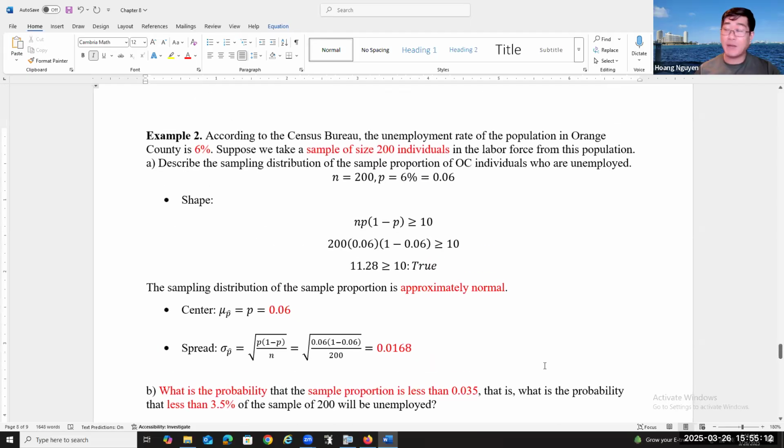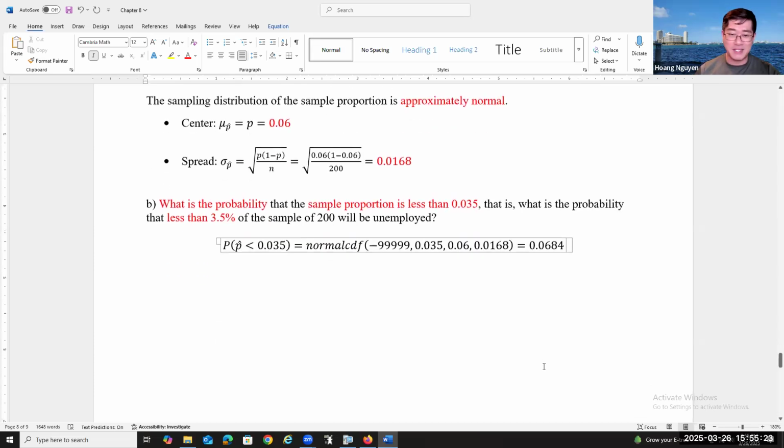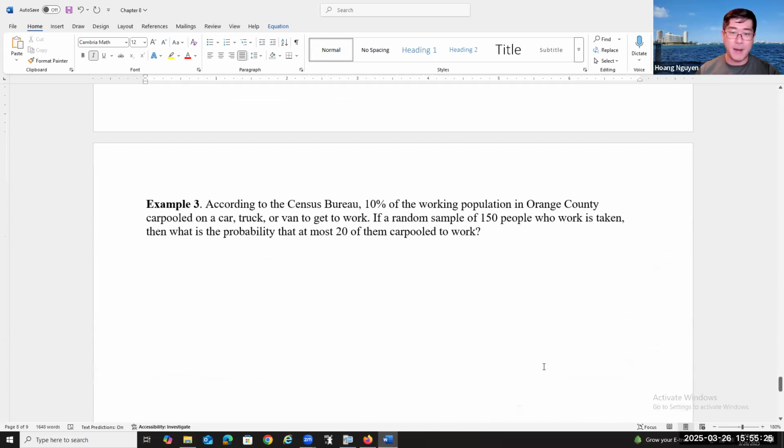So this is going to be question number 2, an application of the sampling distribution of the sample proportion. Now we can try another one to make sure that you feel comfortable with this concept, right? Let's take a look at example number 3. According to the census, again, about 10% of the working population in Orange County carpool to work.